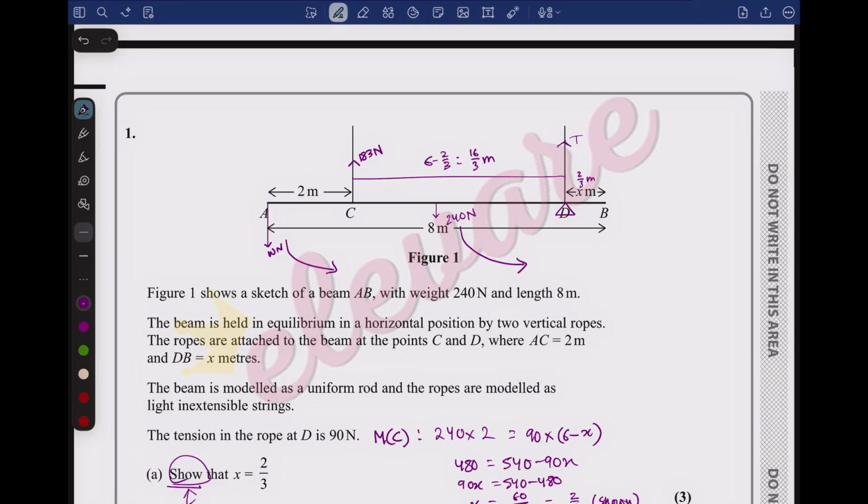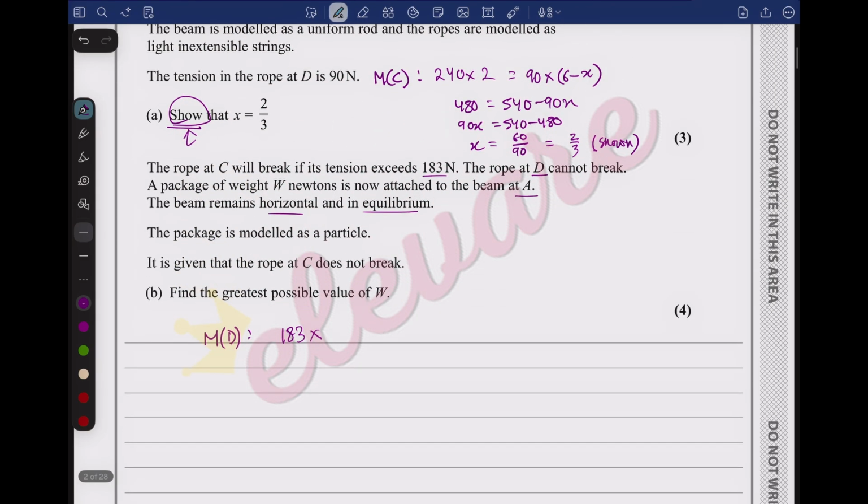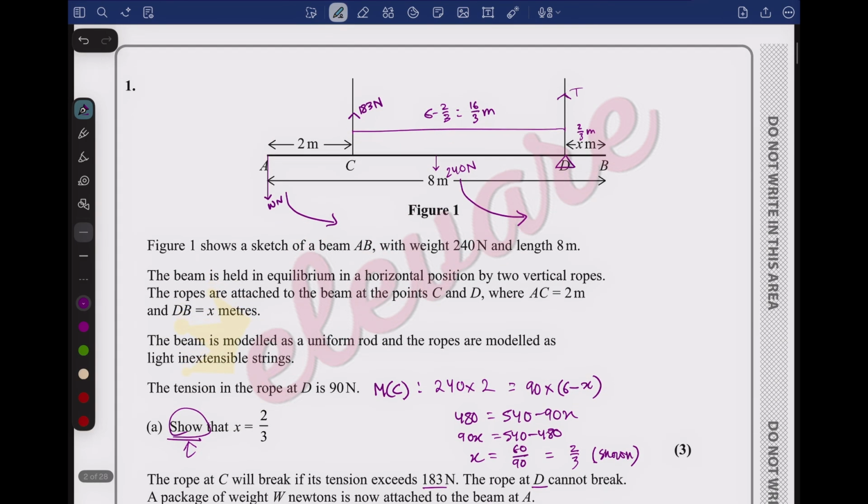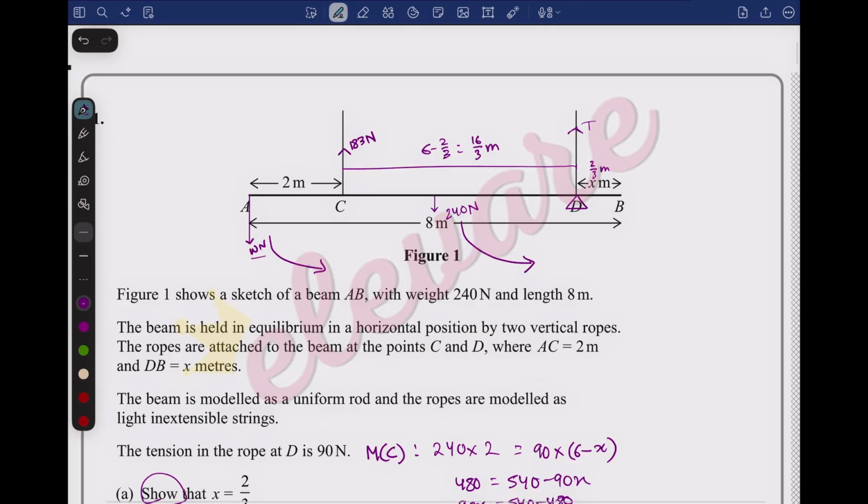So we have 16 by 3 meters. So here we're going to write down 183 times 16 by 3 equal to, what do we have? Okay, now we're going to consider the anti-clockwise moments. So let's take 240 first. 240 times the distance from D. What is this distance exactly?